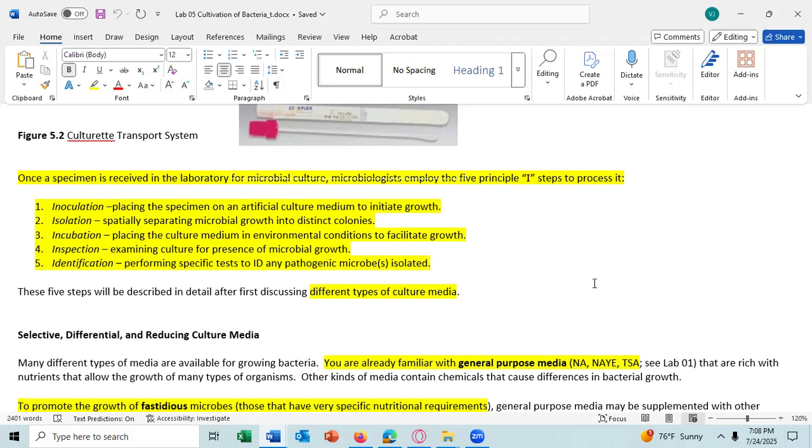Incubation is simply placing the culture medium in an environmental condition to facilitate its growth. Inspection is examining the culture for the presence of microbial growth, and then identification, performing specific tests to ID any pathogenic microbes isolated. Any question about any of that? These 5 steps will be described in detail after we discuss different types of culture media.